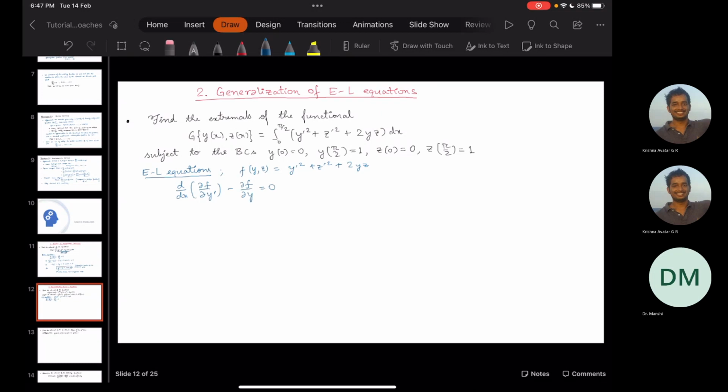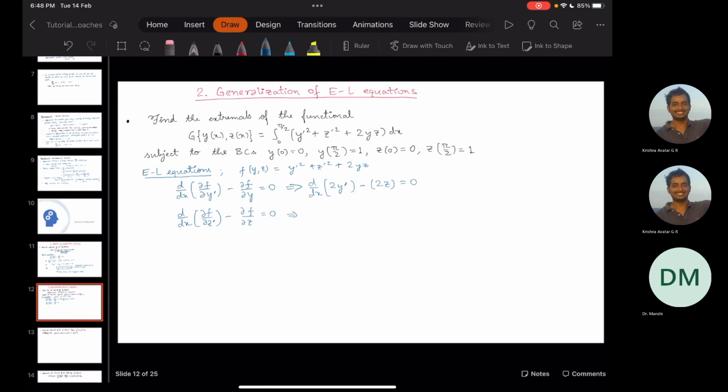And the second Euler-Lagrange equation is d by dx of del f by del z prime minus del f by del z is equal to 0. This implies that del f by del y prime is 2y prime, and del f by del y is 2z.